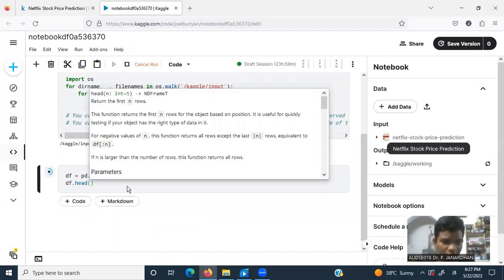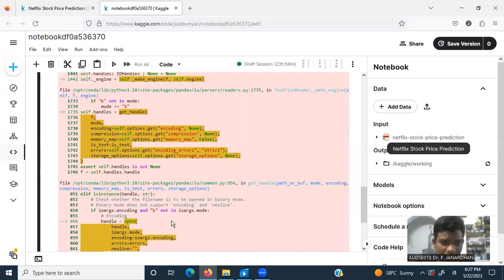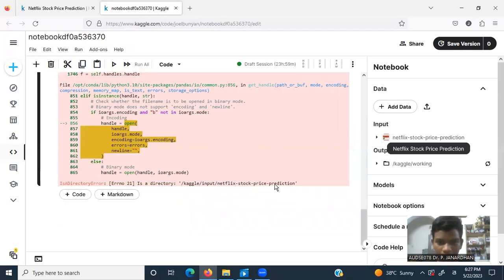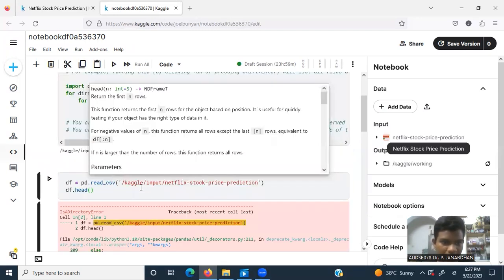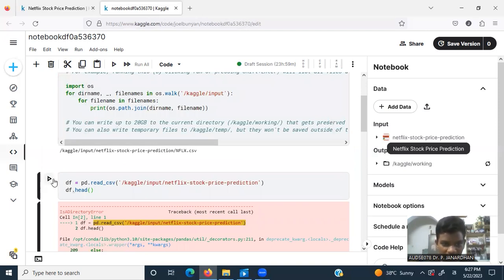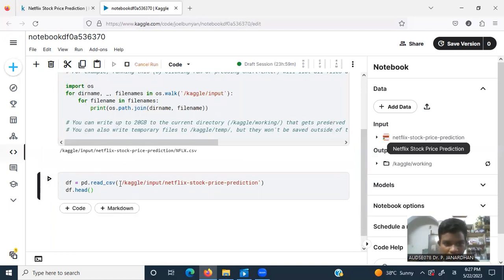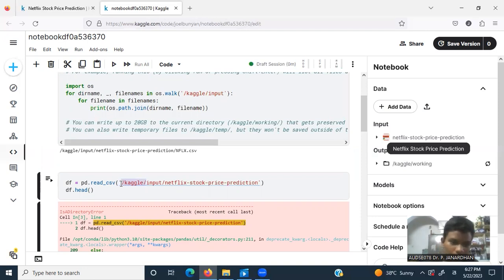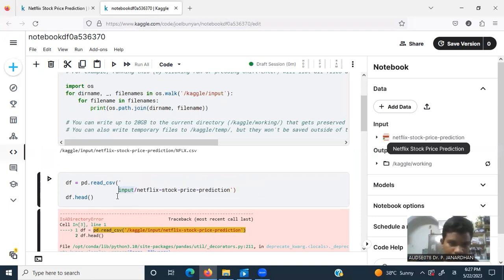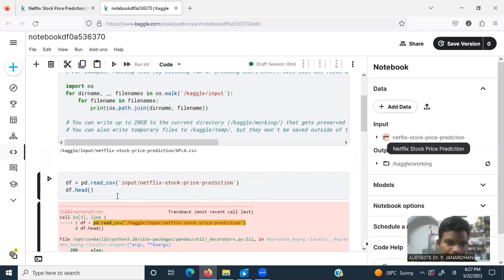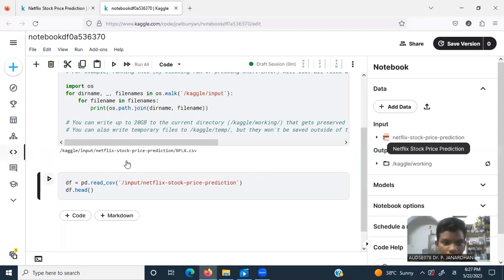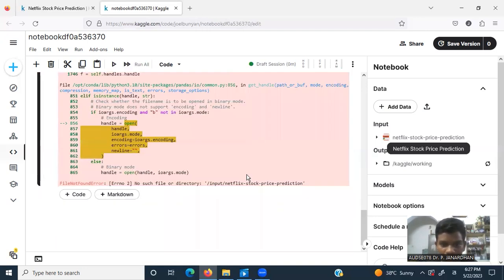Let's just see. Sorry, there is an error. Okay, so it seems like there is a spelling mistake or something. I'll try that again. I'll remove that. Okay, again.